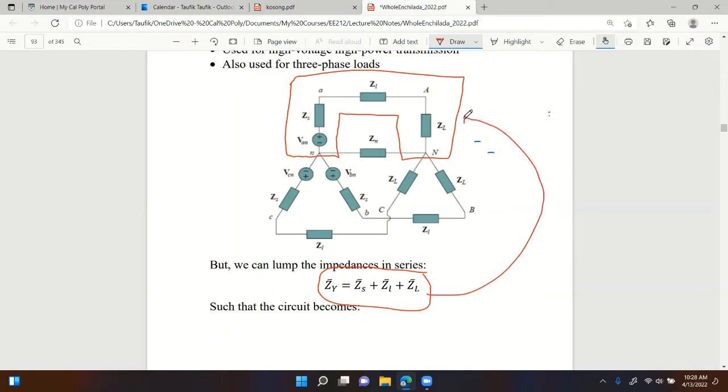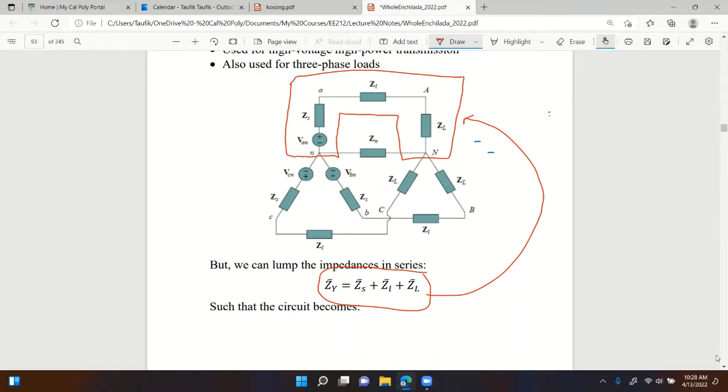That ZY, the equivalent impedance of the Y to Y connection for phase A, would be equal to Z of S plus Z of L plus capital Z of L, right there. It would be the same for phase B and phase C. The impedances are all in series.